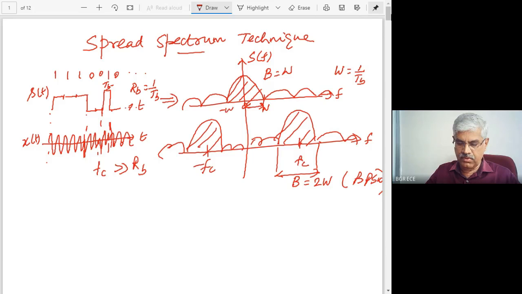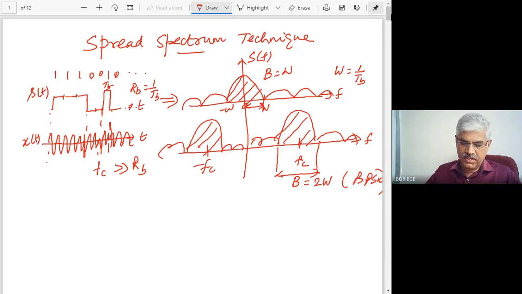Okay, this is minus W. So the spectrum is W. Here also approximately you can consider this bandwidth to be 2W. We delete the side bands. So if you provide 2W bandwidth, it is sufficient for a BPSK signal to go through your channel and come out as it is, without much distortion.